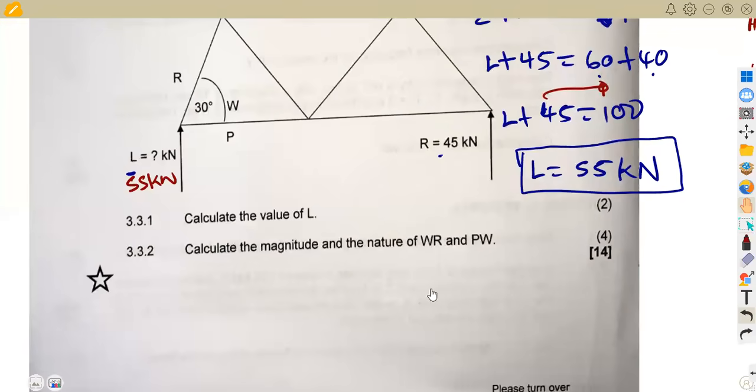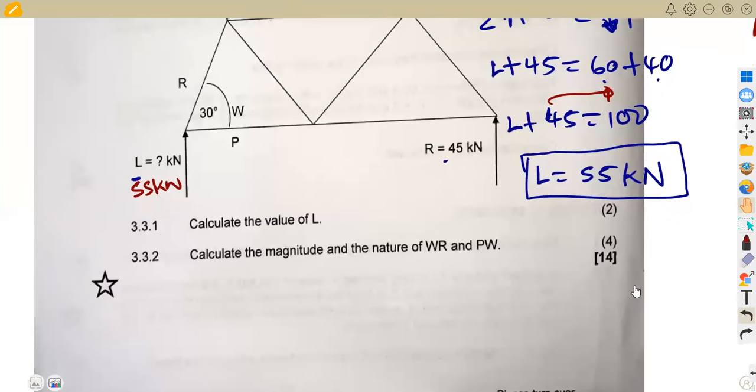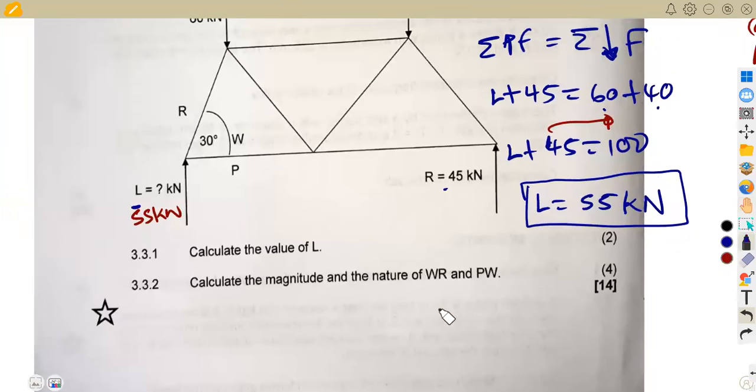Calculate the magnitude and also the nature of this part of RW. RW, this side, is affected by 30 degrees. Remember, guys, I said in order for us to find RW, we are simply considering the sum of the upward forces there and the downward forces again.